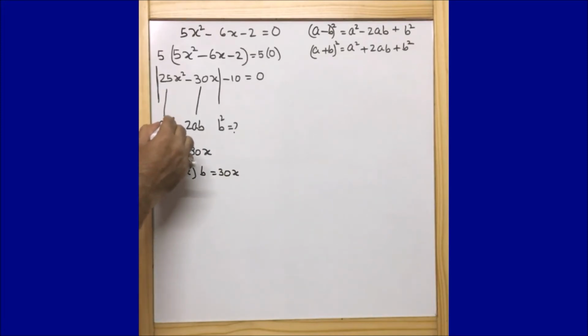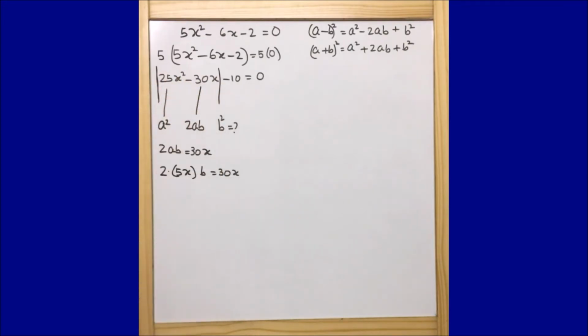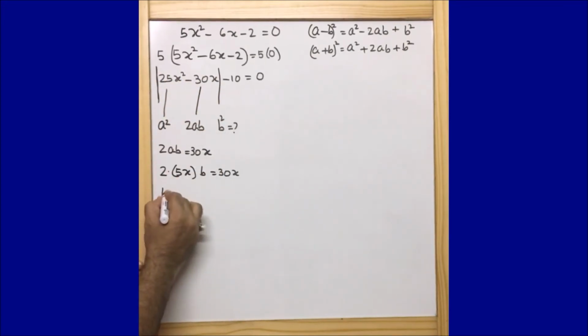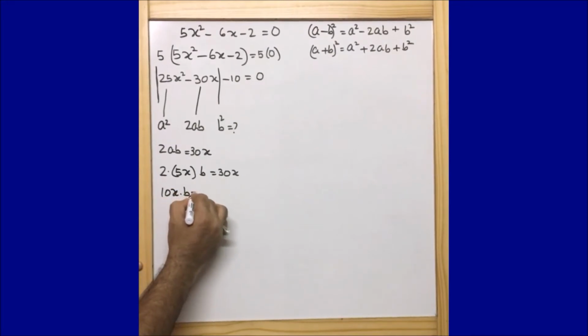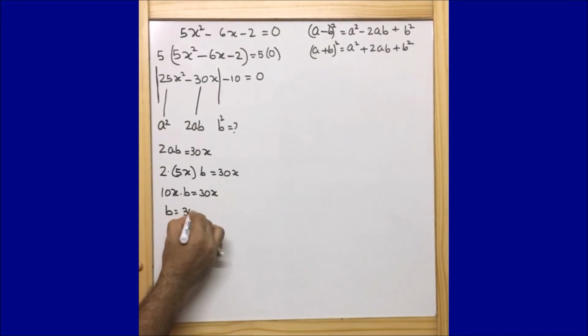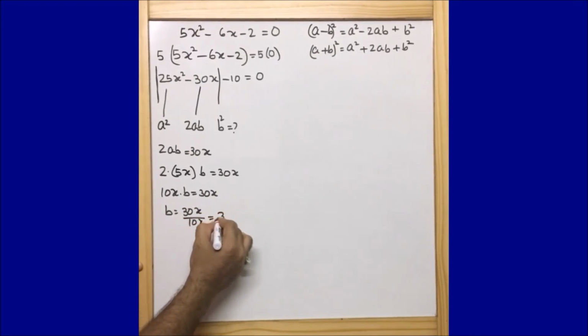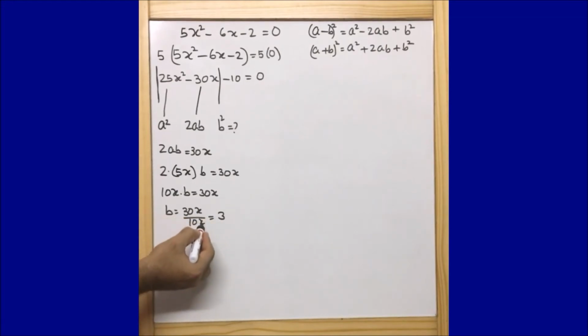Like a^2 = 25x^2, or a is the root of 25x^2, which is 5x, or I can say 10x into b is equal to 30x, or b is equal to 30x upon 10x, which is equal to 3, because the x in the numerator and the x in the denominator cancel out, and 30 upon 10 is nothing but 3.